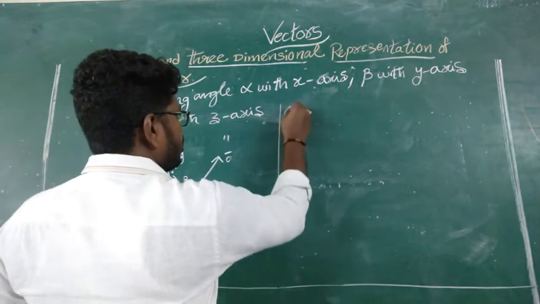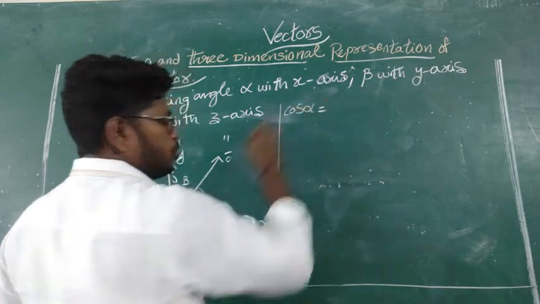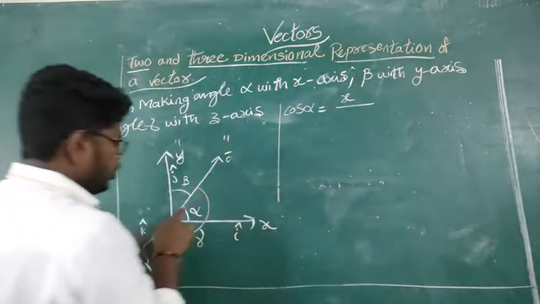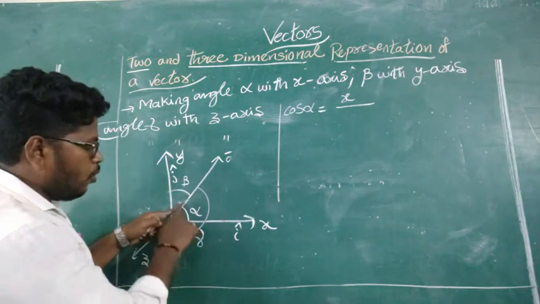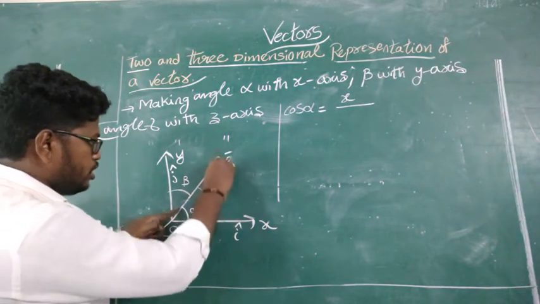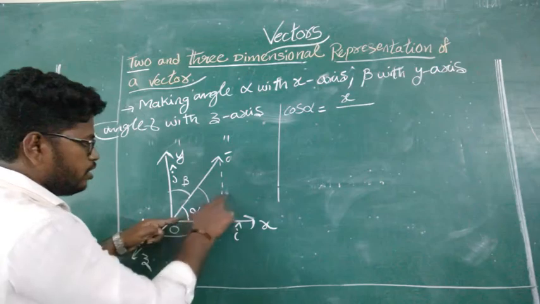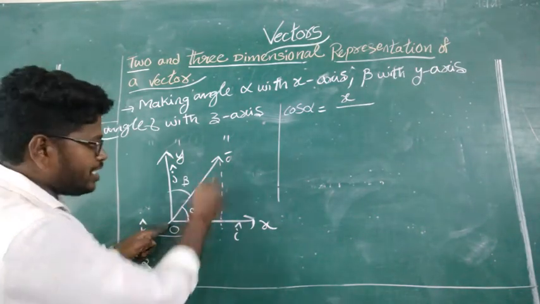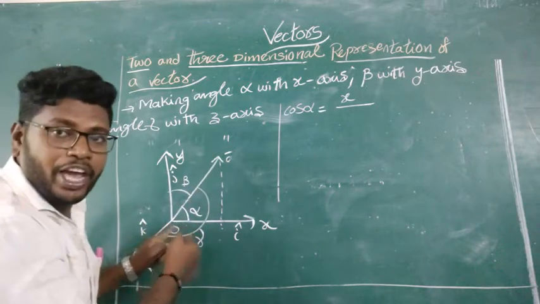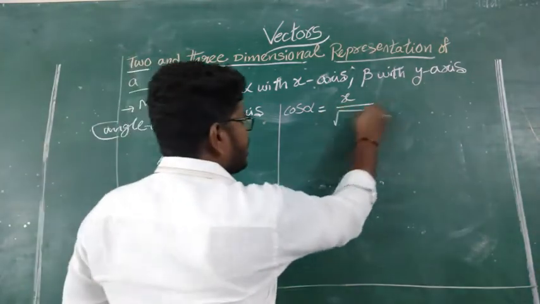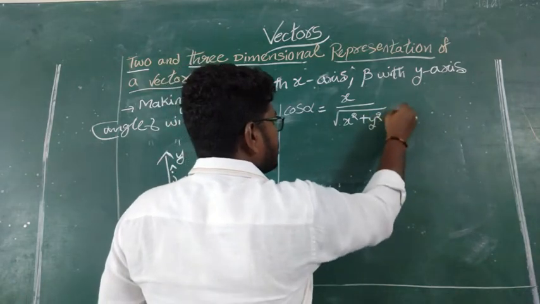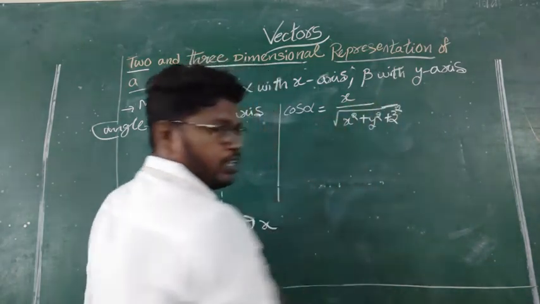So based on this, cos alpha is equal to x by, if we take only these two, see here: this is the opposite side, this is the adjacent side. From here to here it is the x-axis, and this is the magnitude of A. Magnitude of A is root of x square plus y square plus z square.